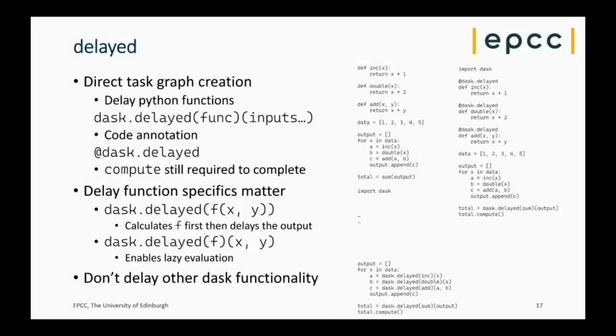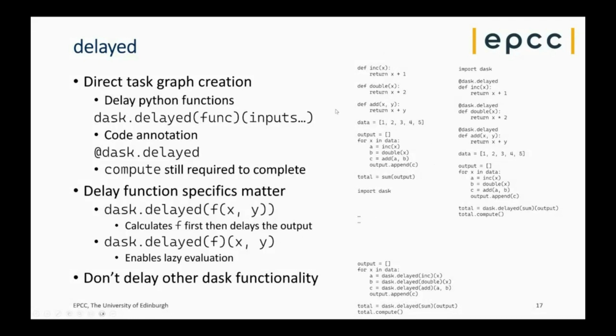And that's the examples we've got here. So we use a delayed function. We can either do a delayed function or use this annotation, so this at dask.delayed functionality, to tell Dask these are the things you need to put together into a graph, and it will go off and construct those graphs for you here.